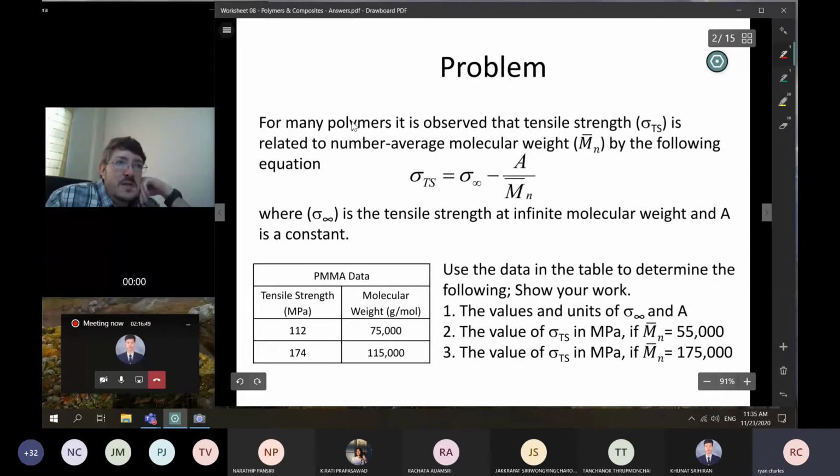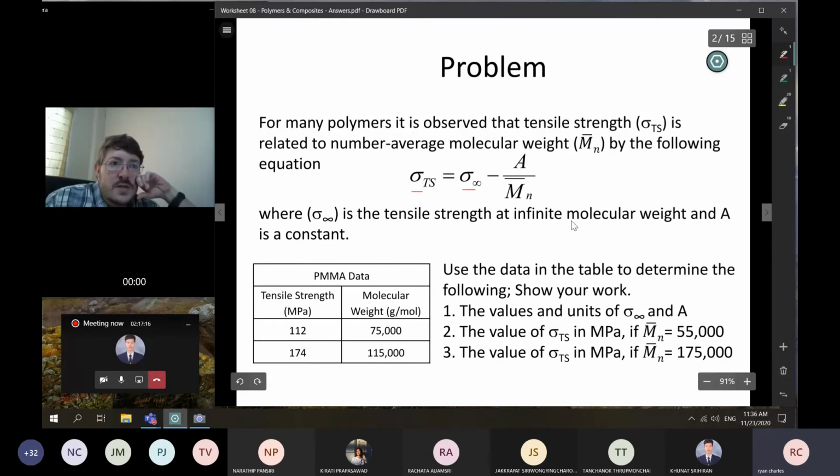For many polymers, it's observed that the tensile strength, sigma sub TS, is related to the number average molecular weight, M sub n bar, by the following equation: tensile strength equals some sigma infinity minus A over number average molecular weight.